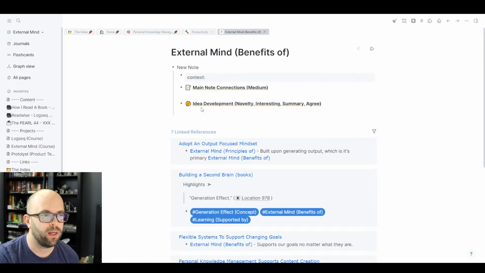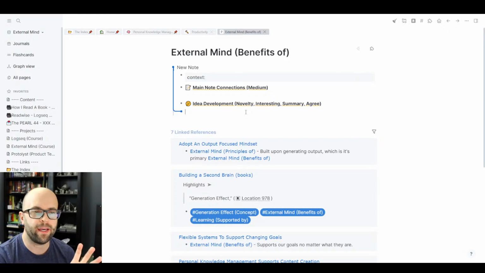I'm also using it to develop my ideas. I can write out a whole bunch of thoughts at once in this idea development section. Once I feel like I have a firm grasp of the core concept, then I switch over to the index card and confirm whether I can summarize it in one note on the card.